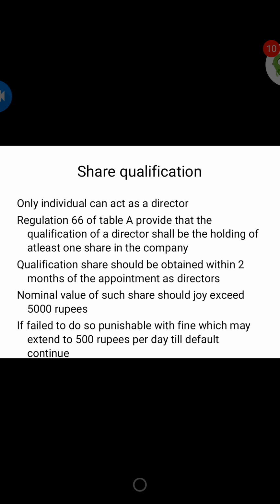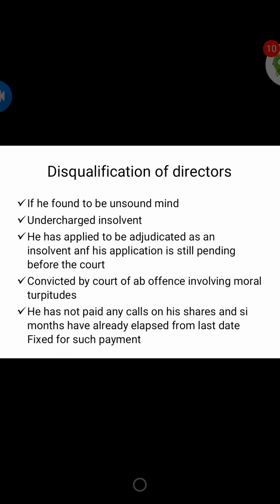If the director fails to obtain the qualification share within 2 months of appointment, he shall cease to be a director, and his office will become vacant.